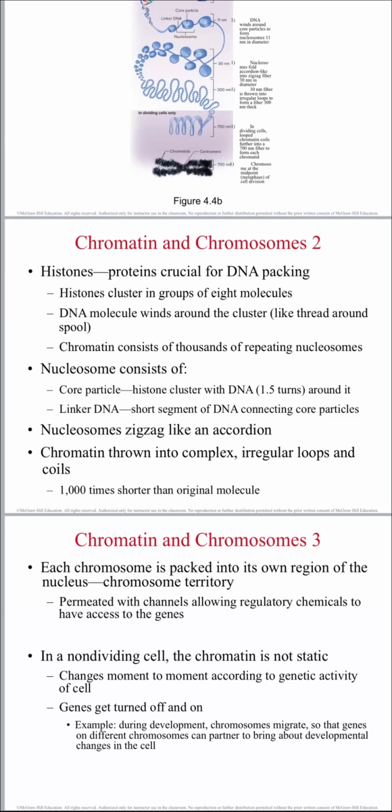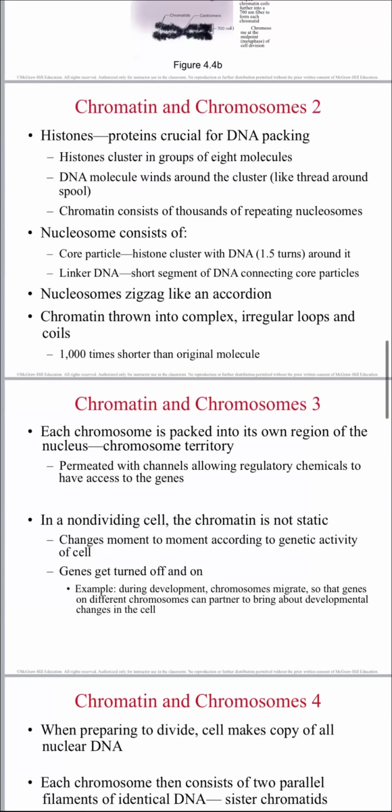They cluster in groups of 8 molecules. DNA molecules wind around the cluster, kind of like how we wind a thread, right? Chromatin consists of thousands of repeating nucleosomes. So chromatin is the double strands of DNA wrapped tightly around lots and lots of histone proteins.